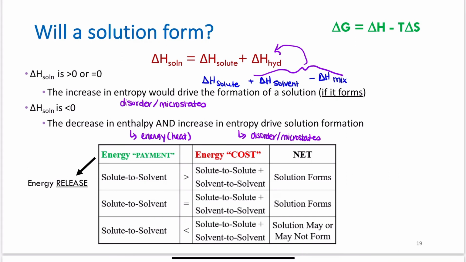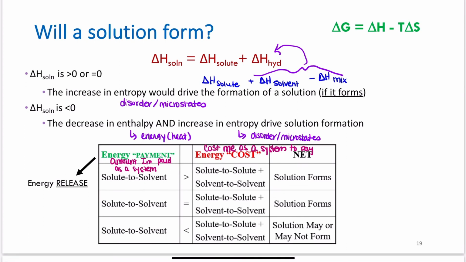If that is greater than the solute to solute and solvent to solvent interactions that must be broken apart, how much it costs me, as the system to pay. This is the amount I'm paid as a system.